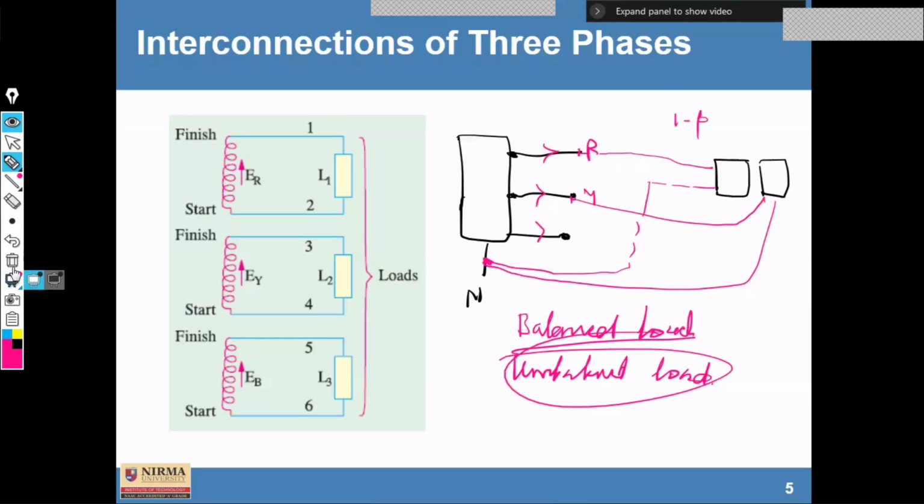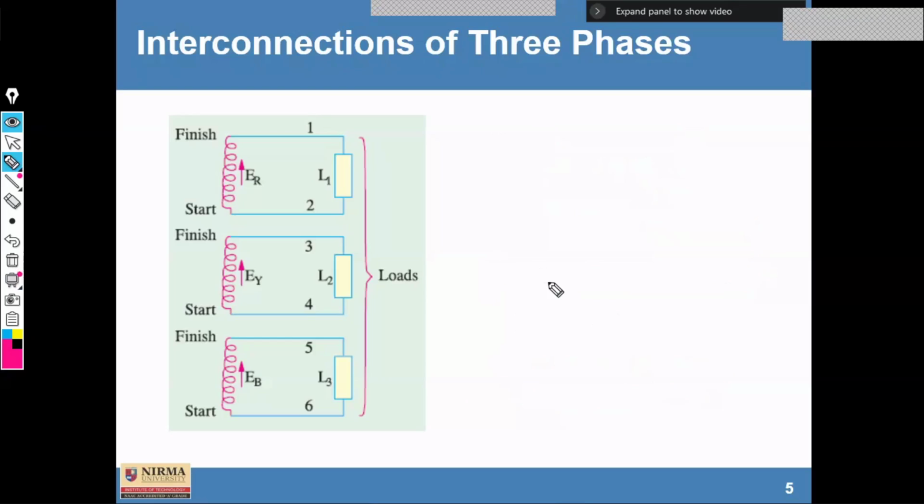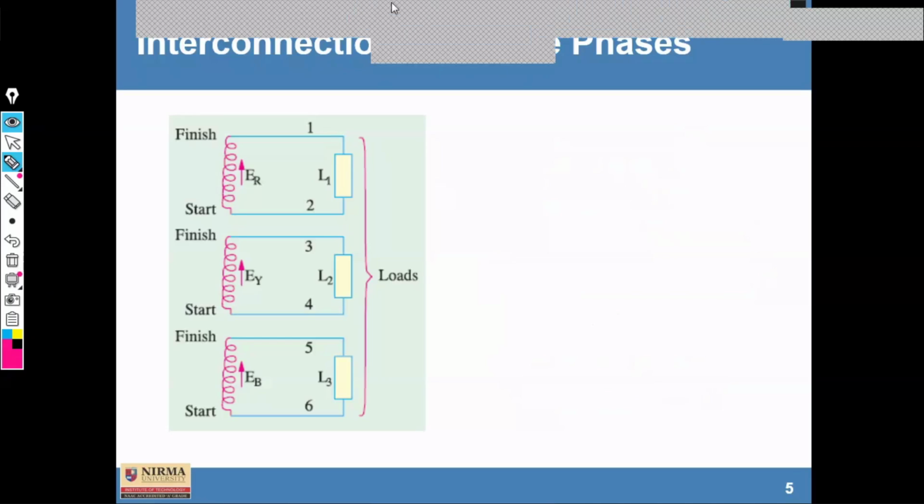Clear. So we are going to discuss the various connections for this three-phase system. Clear. So what are the benefits? I think now it is known to you, and why a three-phase system is more economical compared to three different single-phase circuit systems. Clear? Okay.